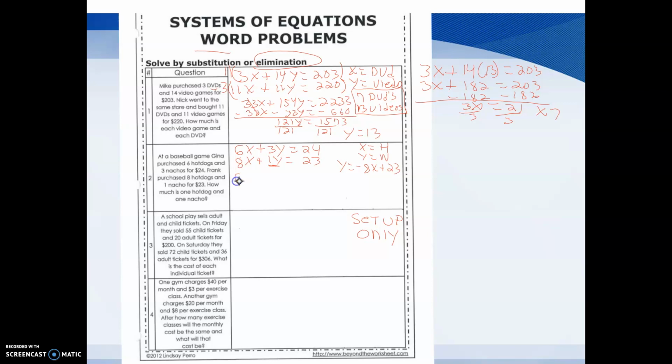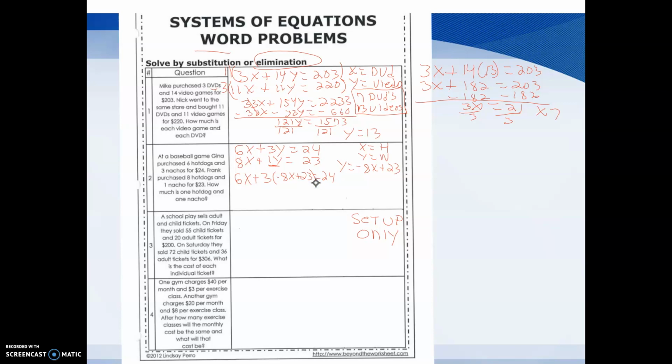So that would be 6x plus 3 times the y that I got by itself equals 24. Now your job is just to figure out that fairly simple problem, okay?